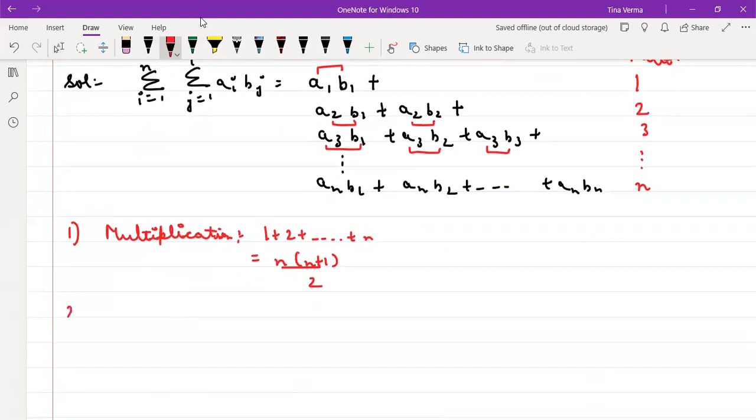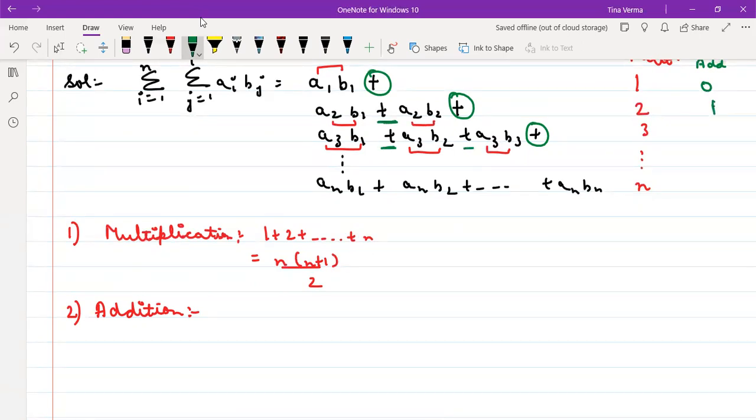And if you count now the addition, I am ignoring this first. We are not counting this in addition. So in this, we have no addition, so this is zero addition. In this, we have one addition. In this, we have two additions.